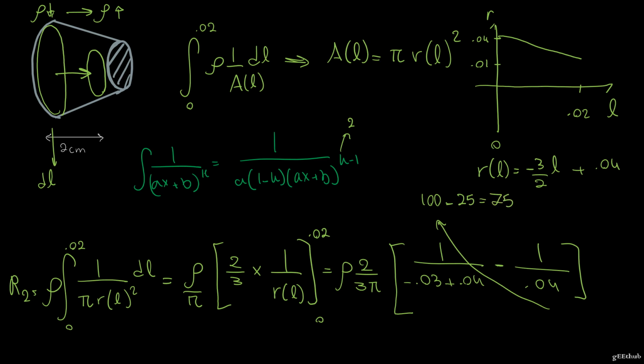So then our R2 is equal to 50 over pi rho. So now you can go ahead and add this to R1 and R3 and get your overall resistance of the shape.